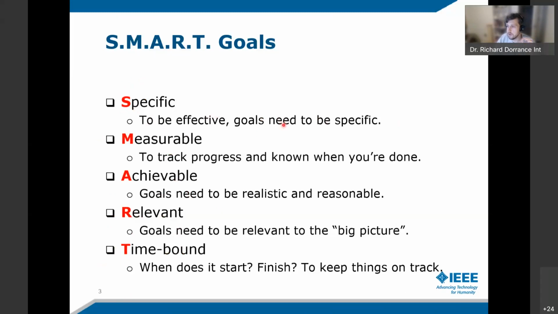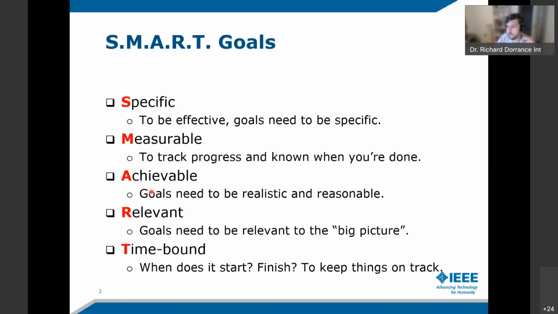So for a goal to be effective, it needs to be specific. And if you would like to track progress and know how you're doing, that goal needs to be measurable. Goals also need to be achievable.